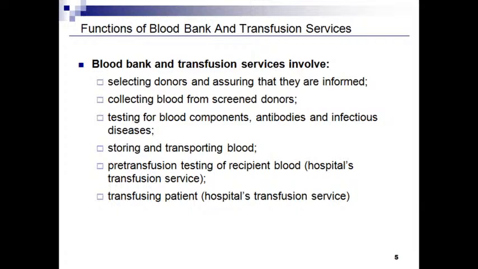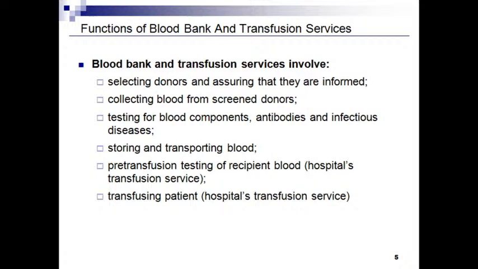Storing and transporting blood. These are functions of referral centers of blood bank service. And the last two functions, pre-transfusion testing of recipient blood and transfusing patients. These are functions of clinical hospitals.